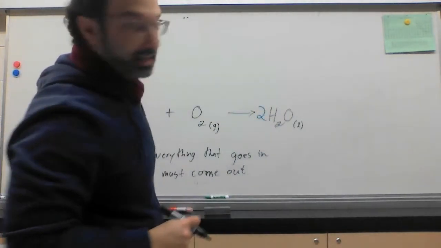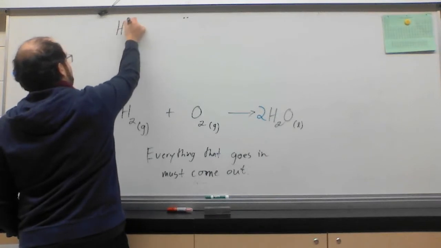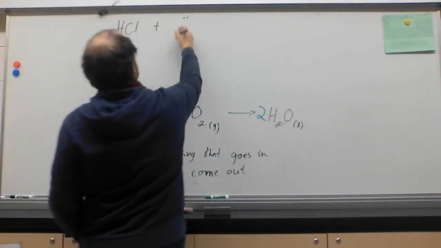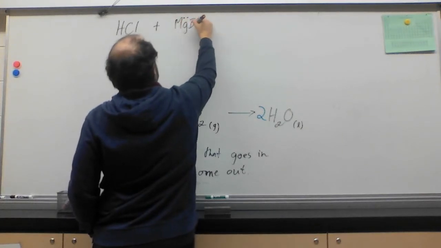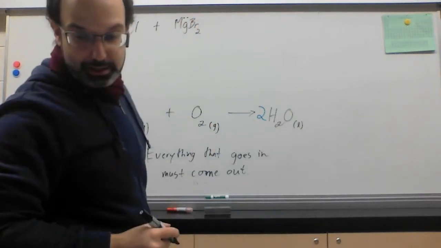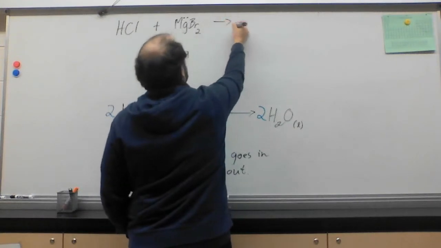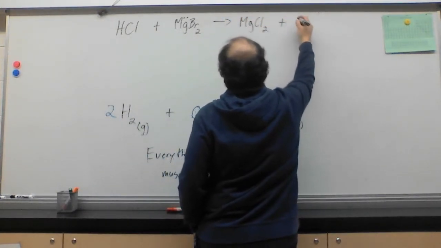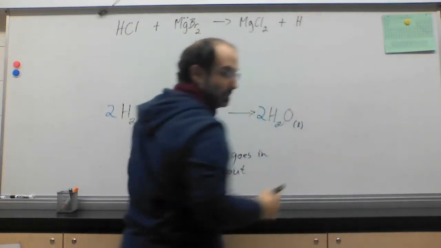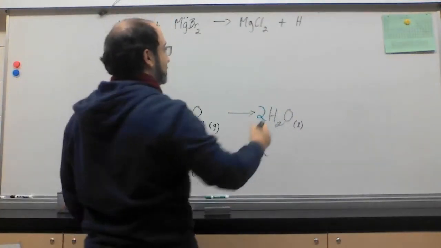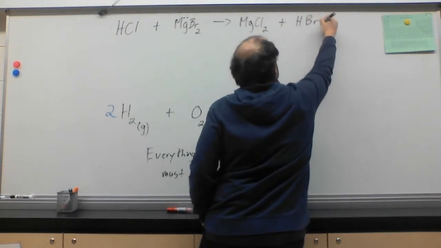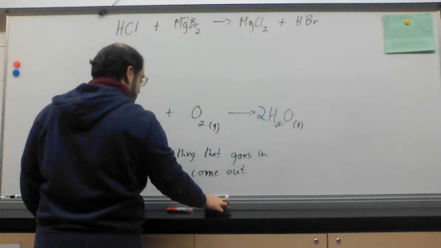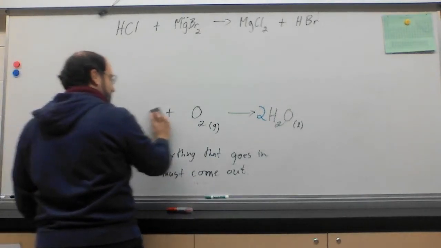So the example we've got here in the notes, we've got HCl plus MgBr2 is going to make MgCl2 plus, is it, HBr. Okay, so we need to make sure that everything that goes in comes out.